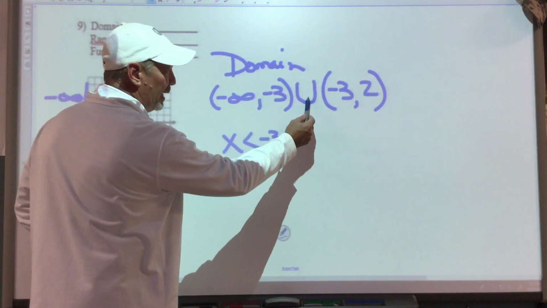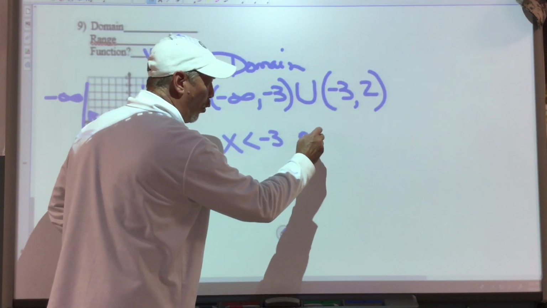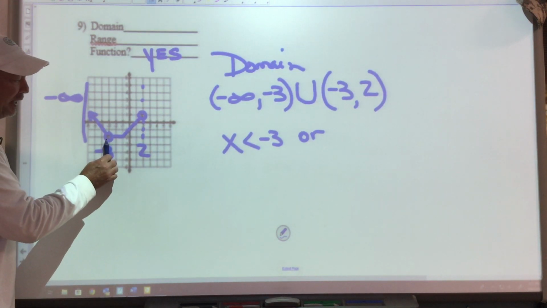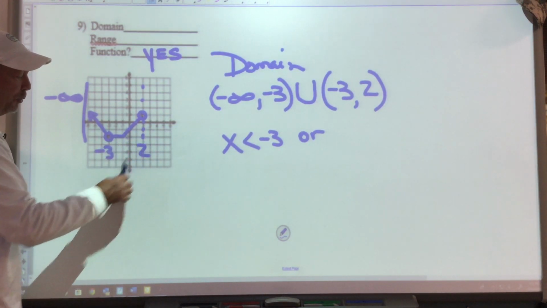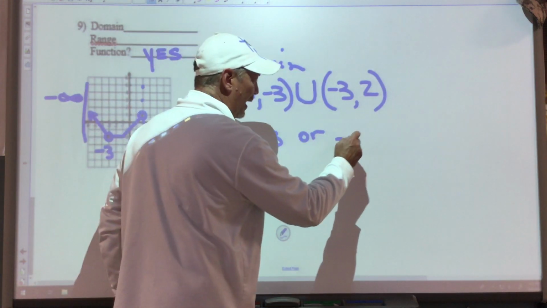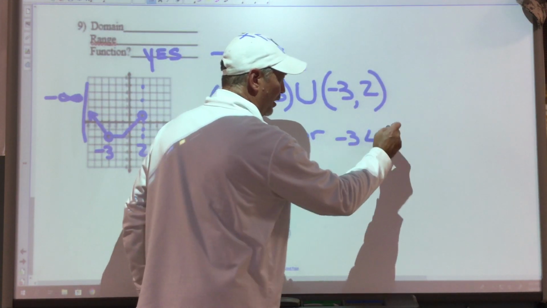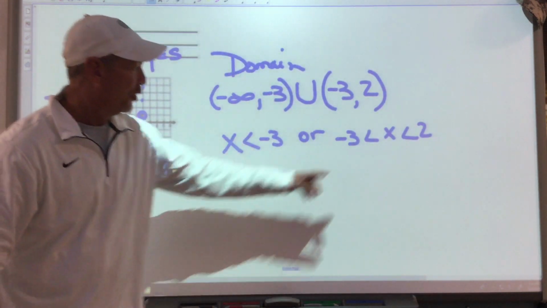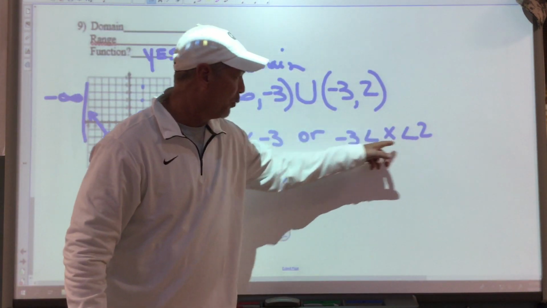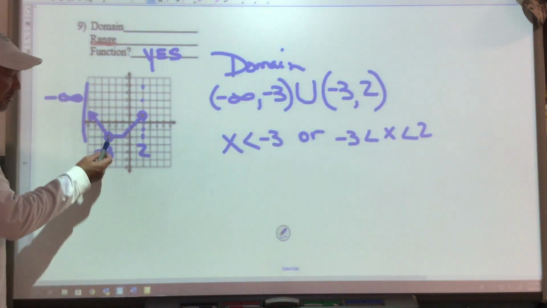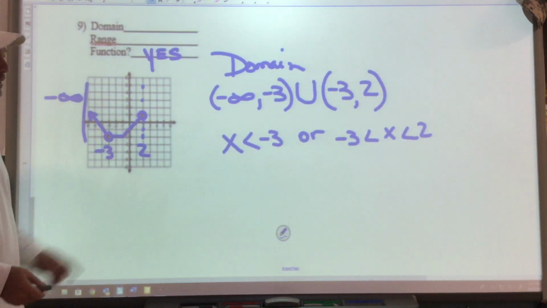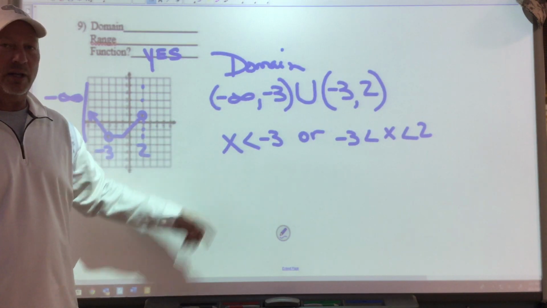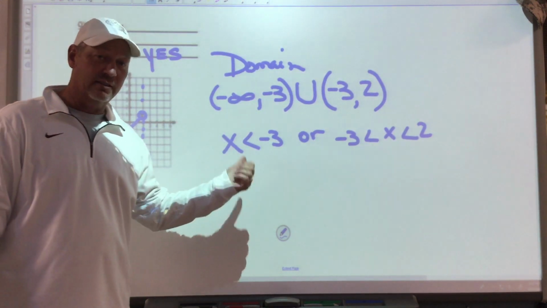Or, this union means, or, we're going to go from -3 to +2. Notice I didn't put a bar under either one of those because they're open circles. This is how you would write your domain in interval notation and as an inequality. Yes, this is a tough problem.